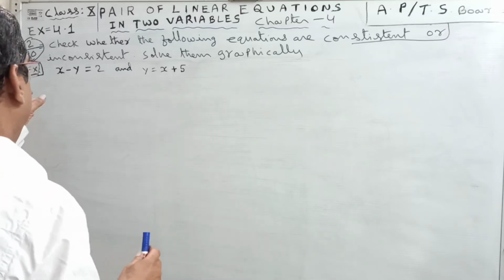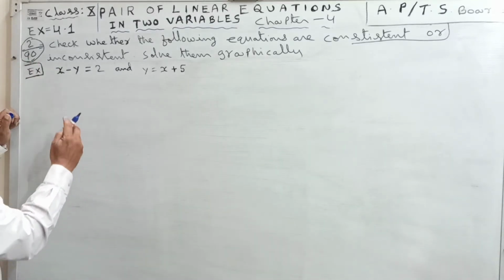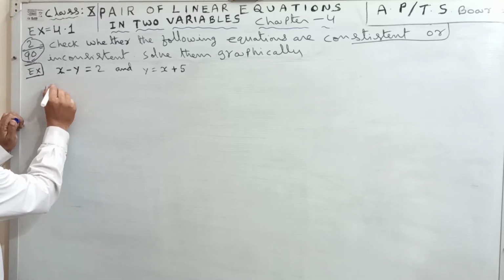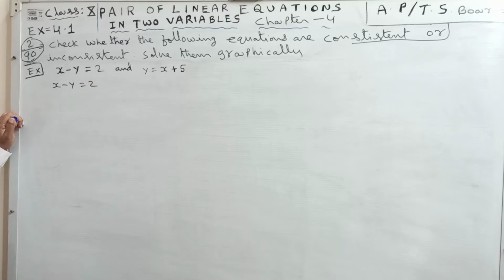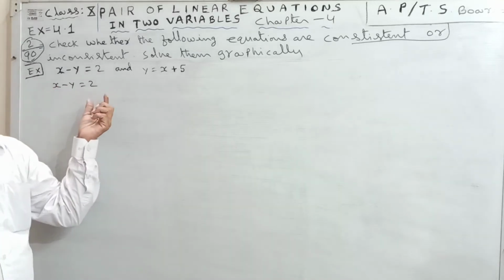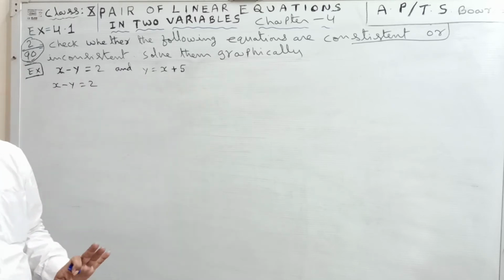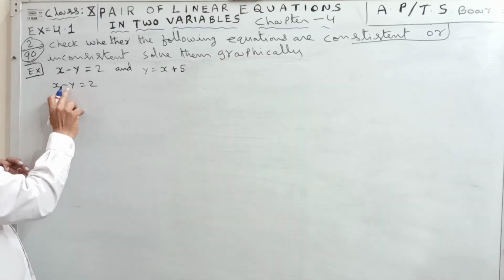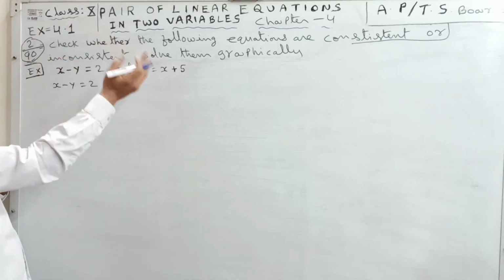So now I am going to draw the table. The equation is x minus y is equal to 2. Already you know very well, y is on the left side, remaining are on the right side. Here for y, a minus symbol is there, so I am taking this minus y to that side.